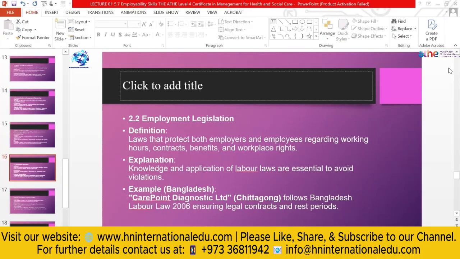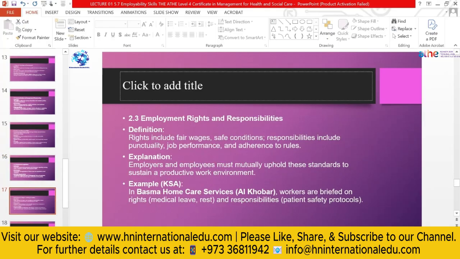Though it's Bangladesh, or even Pakistan, we have the labor acts. Though they were made late, in 2006 or 7, we do have them. But people don't know about them, just because of a lack of knowledge. They make sure these people work day and night, and the pay they get is very less. We have employment rights and responsibilities.